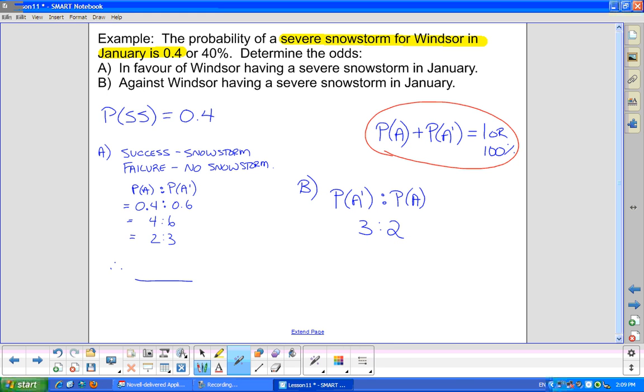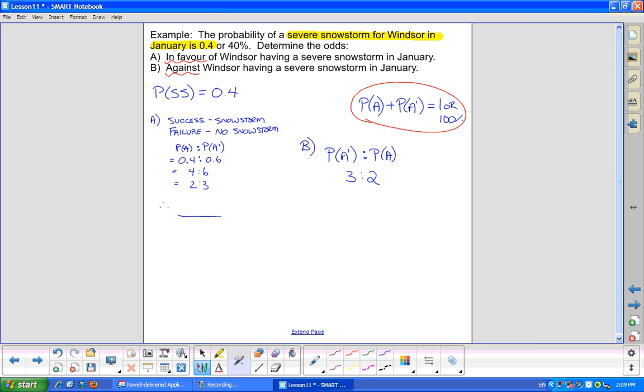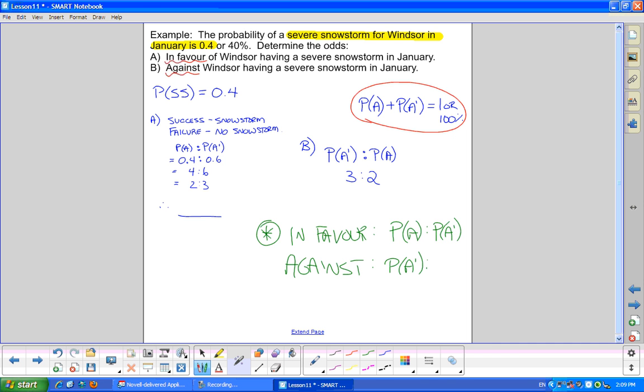And the key here that you have to be careful of is in favor or odds against. Those are the two phrases. So I'll just make a note here. In favor is always P(A) to P(A prime), and against is P(A prime) to P(A). And the way you calculate your P(A) and your P(A prime) is exactly what you were doing in the previous note.